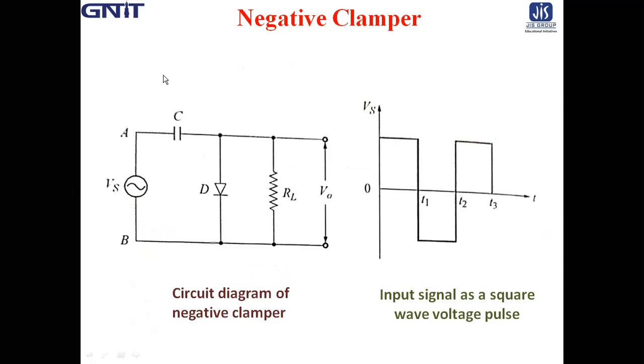Now, moving to the negative clamper circuit. And this is the circuit of a negative clamper, where the diode is reversed and the input signal is a square wave pulse.